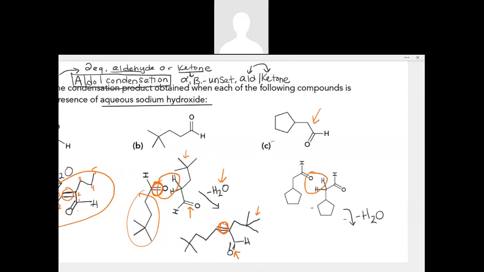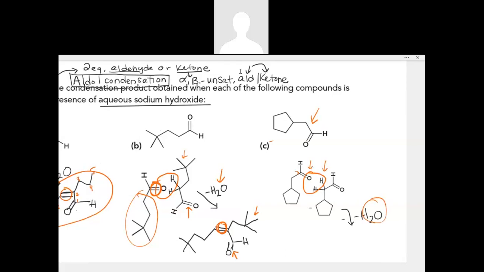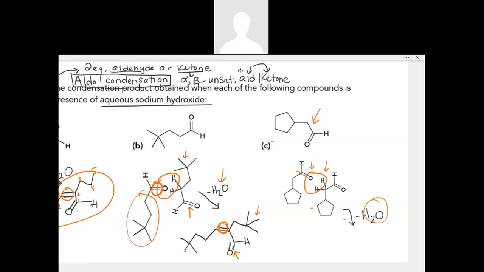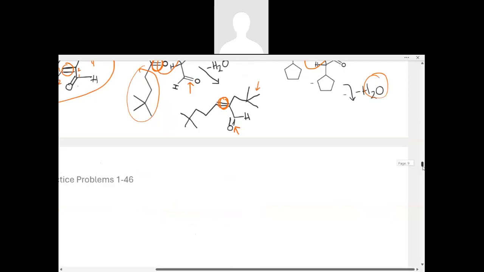So we have those two hydrogens on the enol form here, and then the oxygen of the carbonyl oriented toward the electrophilic carbon here. We do our dehydration, and then we should have our product drawn here somewhere.